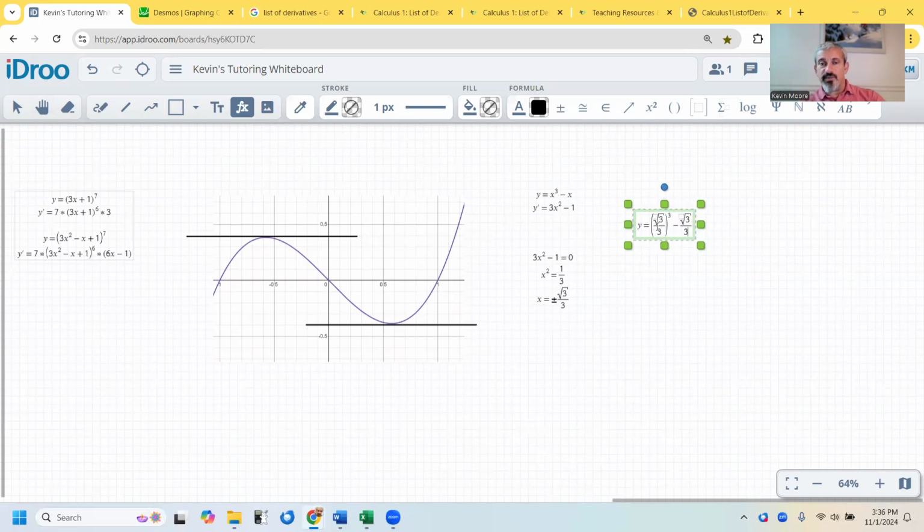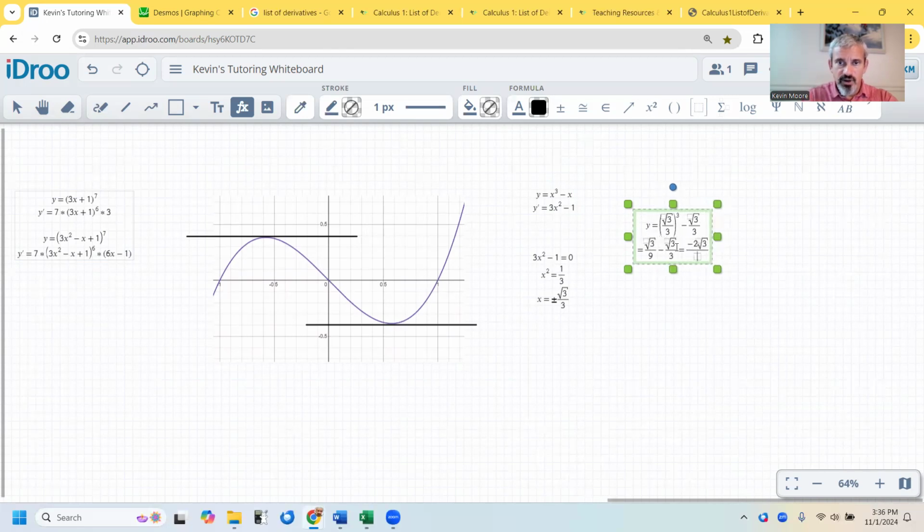This is going to be for the positive x value, square root of 3 over 3. And I get, let's see, it's 3 square root of 3 over 27. That's square root of 3 over 9 minus square root of 3 over 3. Square root of 3 over 9 minus 3 square root of 3 over 9 equals negative 2 square root of 3 over 9.